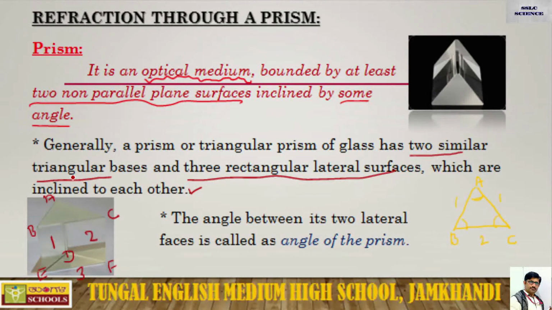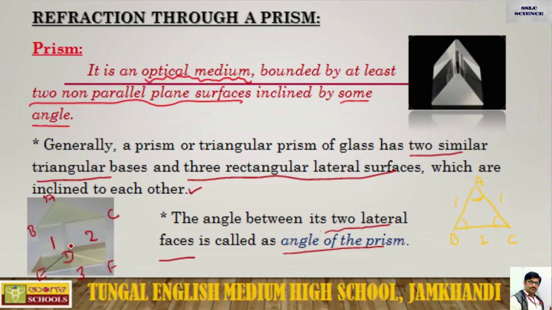I hope you got this point clear. One more point: the angle between two lateral faces is called the angle of prism. That means the angle between two lateral faces, just like AB and AC, or AB and BC, or BC and CA.